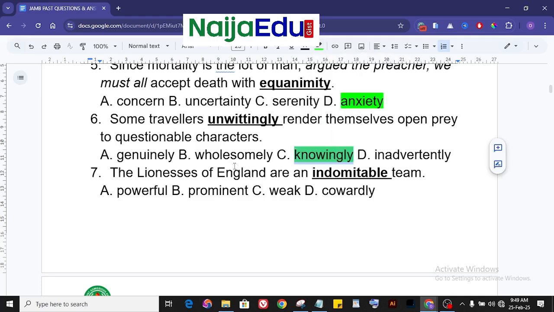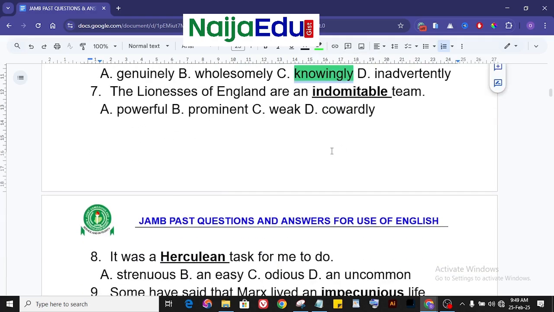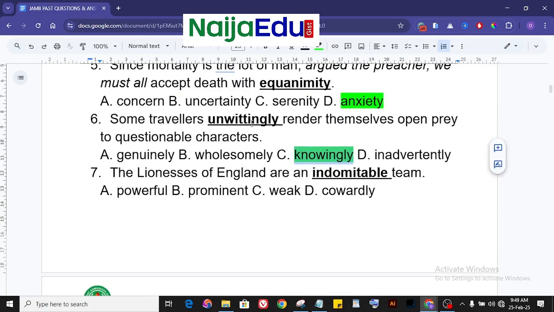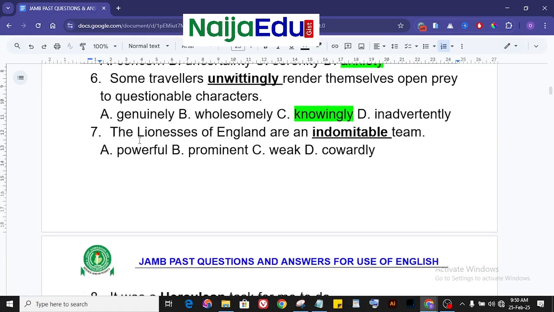Once you already understand the meaning of the word, and you're able to understand the meaning of the options and see the correct answer, just quickly pick it and move on. So question 7 says, "The Lionesses of England are an indomitable team."